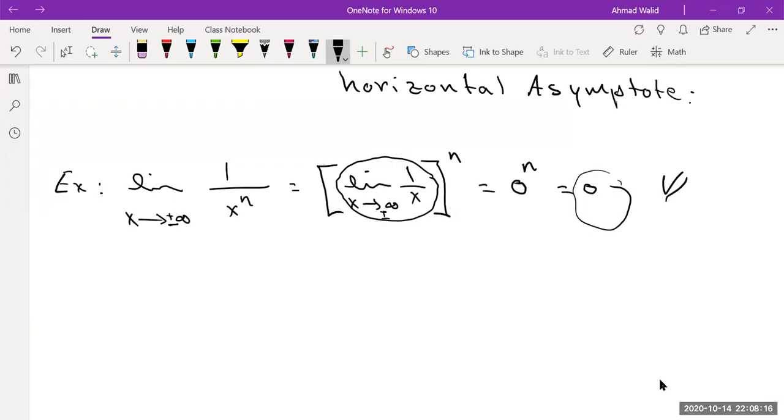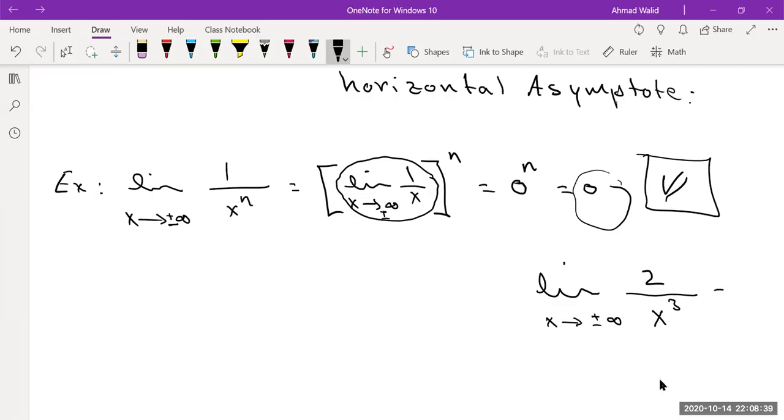We use this rule a lot when we are dealing with limits and infinities. Just remember, a constant, for example 2, over a variable to any power, if you take the limit and x is approaching positive or negative infinity, the answer is always 0. This is what we use. Any constant, correct?